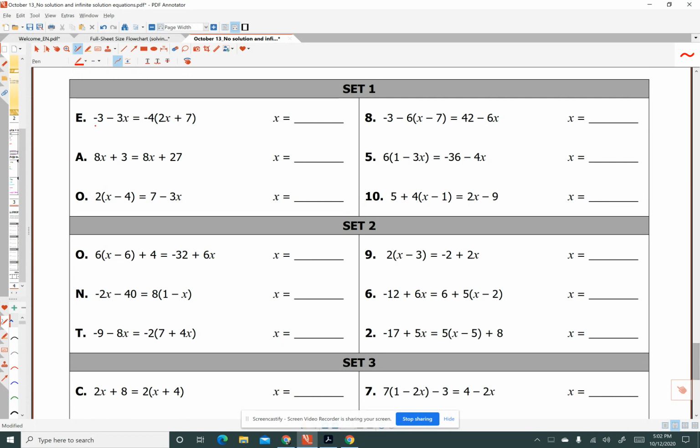So here we have negative 3 minus 3x equals negative 4 times the quantity of 2x plus 7. I need to distribute. So negative 3 minus 3x equals negative 8x minus 28. Let's finish solving. So I'm going to add 3x to both sides.